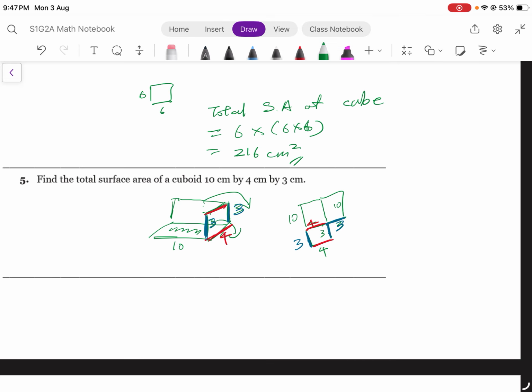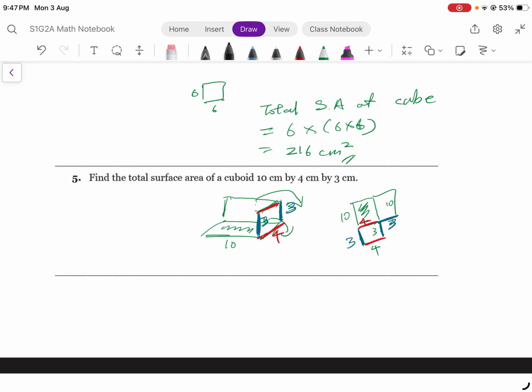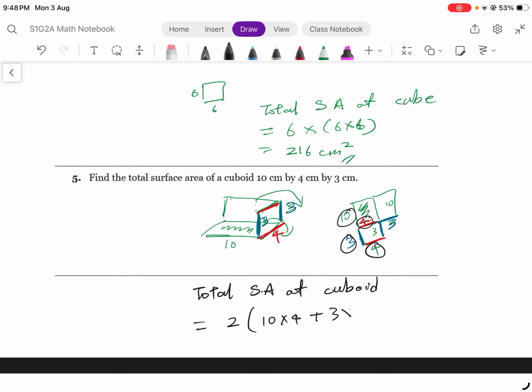So total surface area of cuboid equals 2 bracket 10 times 4 first, plus 3 times 4, plus 10 times 3.